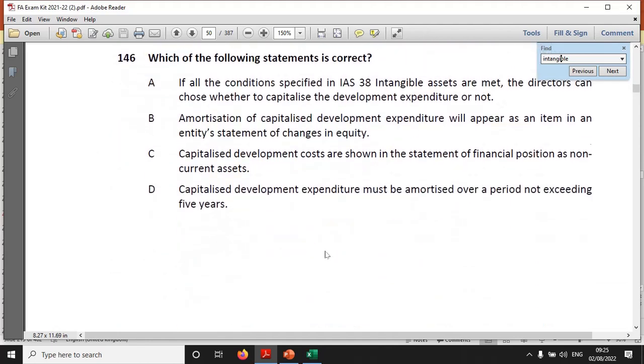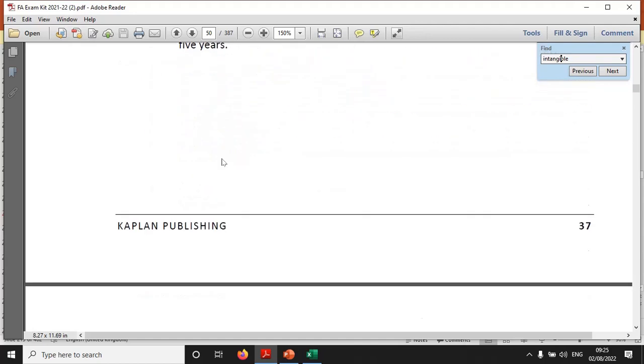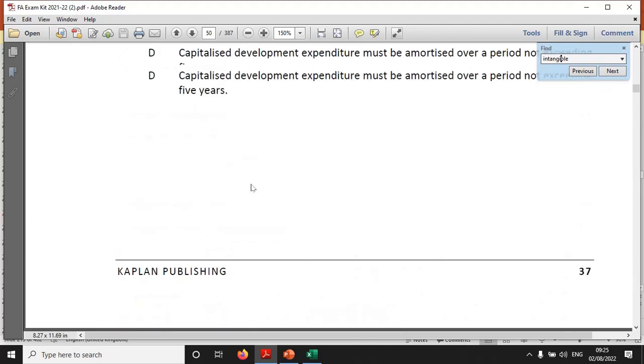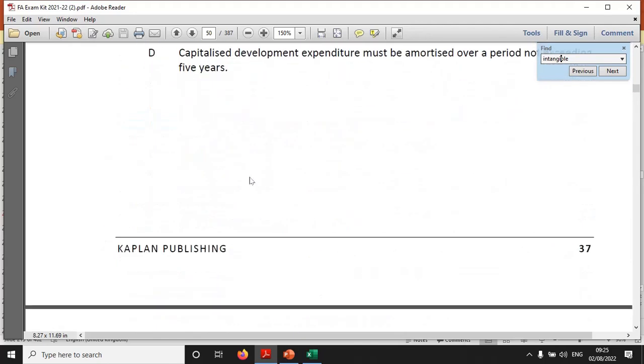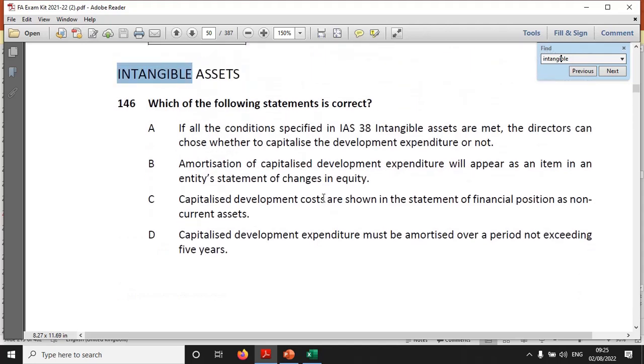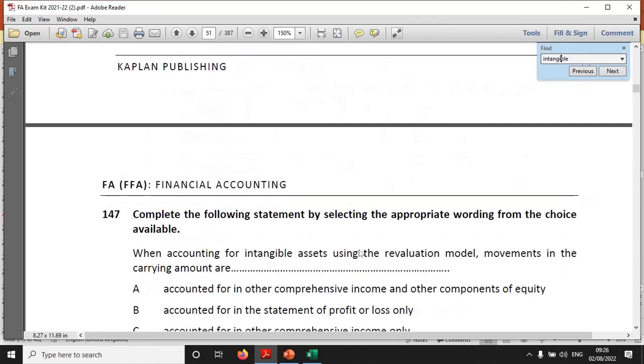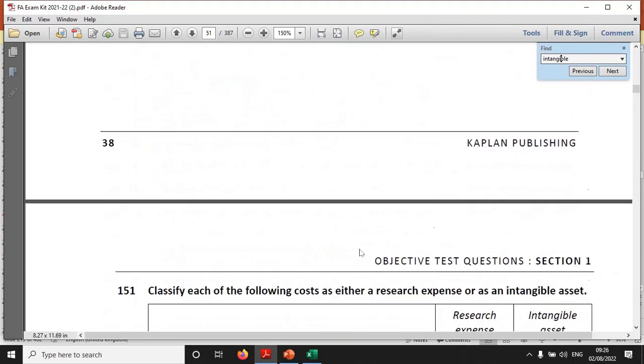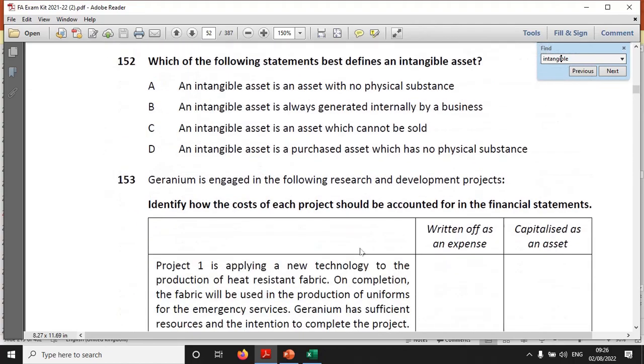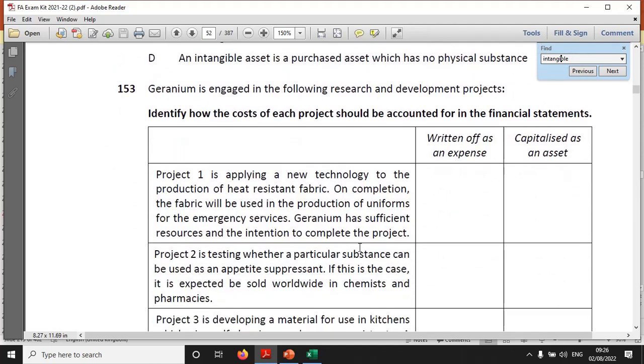Start attempting in the next 20 minutes, 7 questions. These are theories. From 146 to what? Can you see those? This is page what? 37, right? So from 146 to page what? To question what? 153?